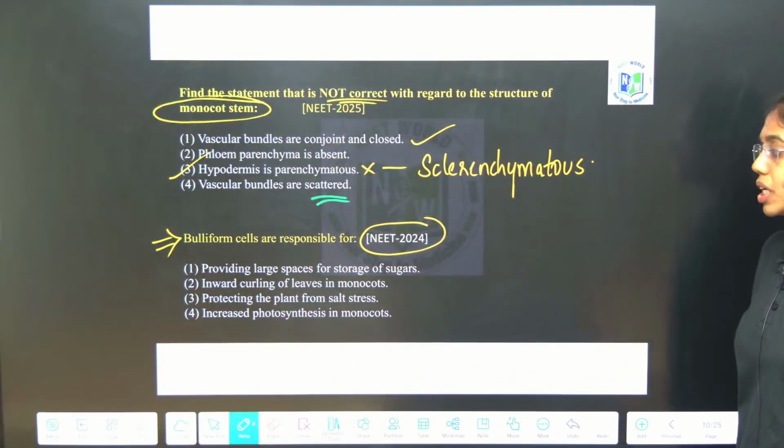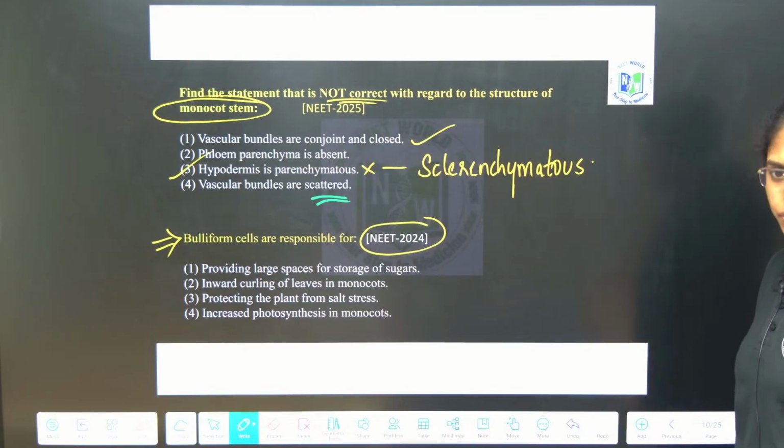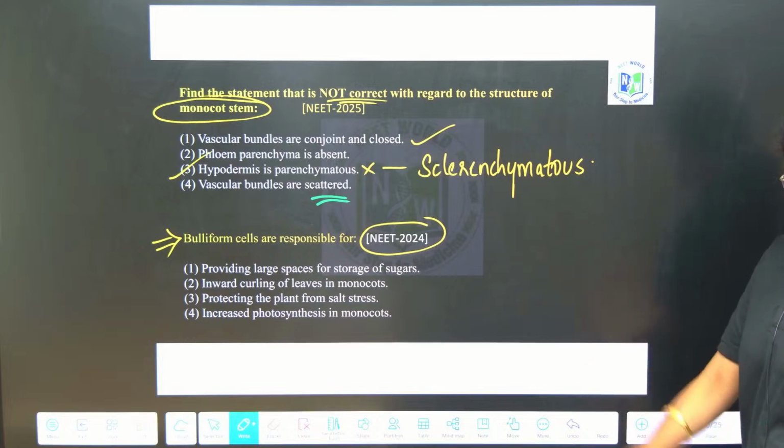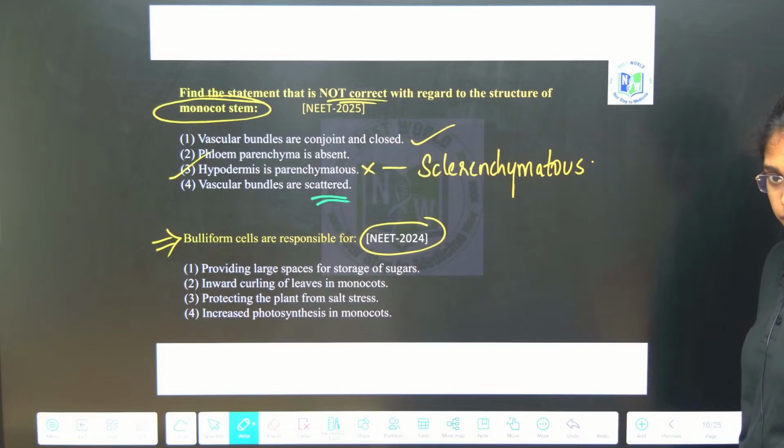NEET 2024. Bulliform cells are responsible for, just now we have discussed. Inward curling of leaves.